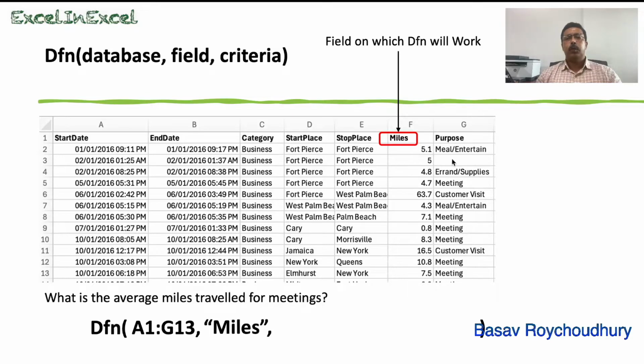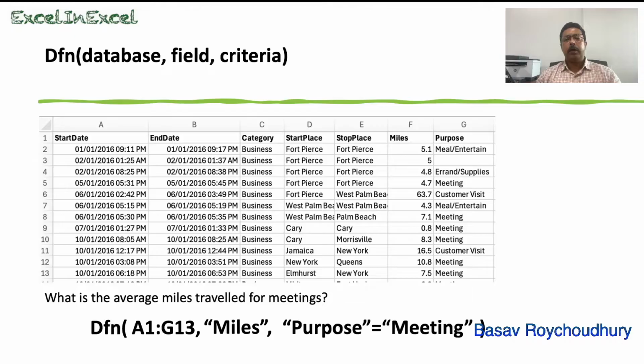And then of course, what is our criteria? The criteria should be that purpose should be equal to meeting. So the criteria we can put purpose equal to meeting, but this is where we have made a mistake. The criteria is never written like this. Whenever we are using a database function, or in short as I am calling them, a D function, the criteria can never be written as a condition like this.